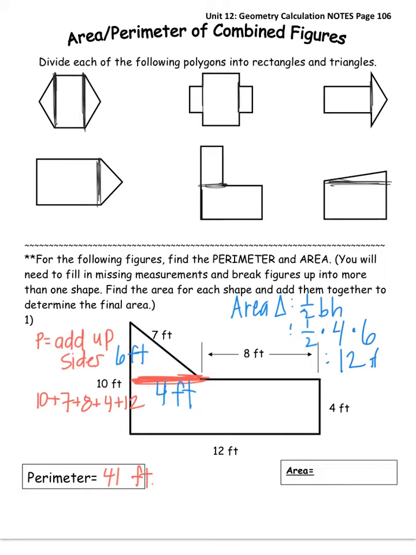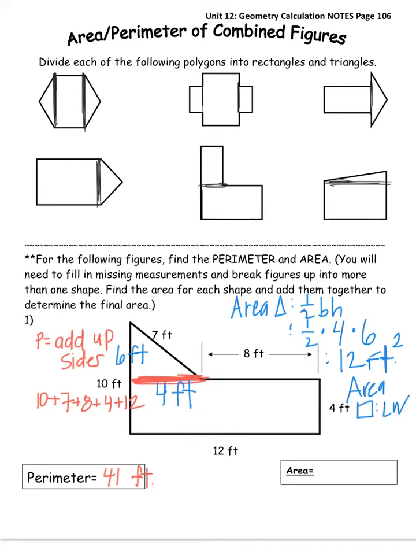squared. Don't forget the unit squared: area, square units. So 12 feet squared. Okay, now let's do the rectangle. So area of a rectangle is length times width.